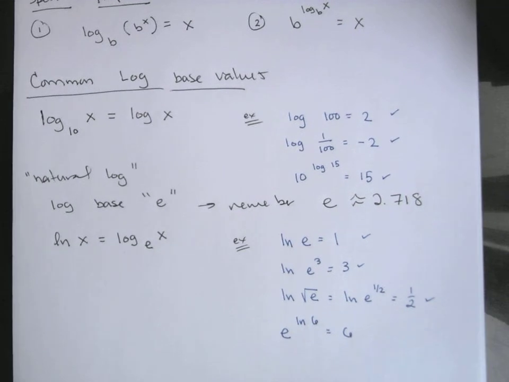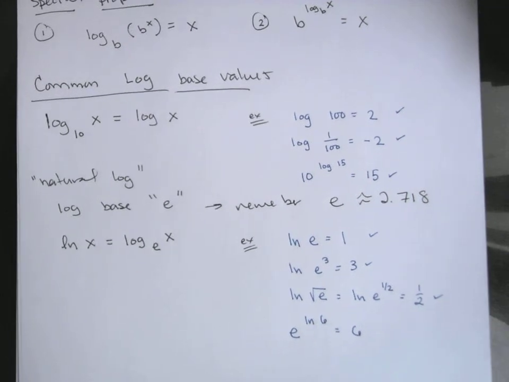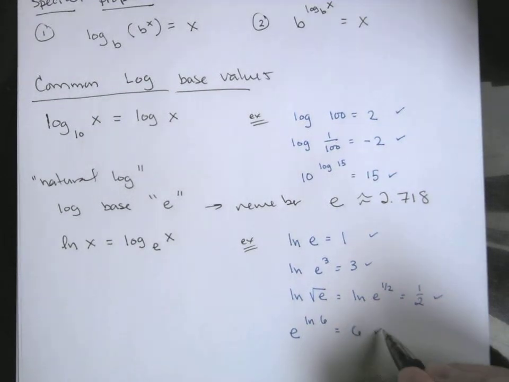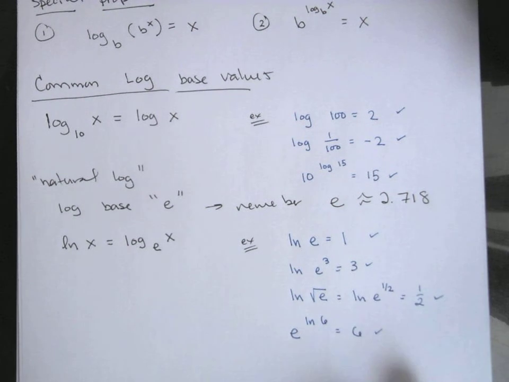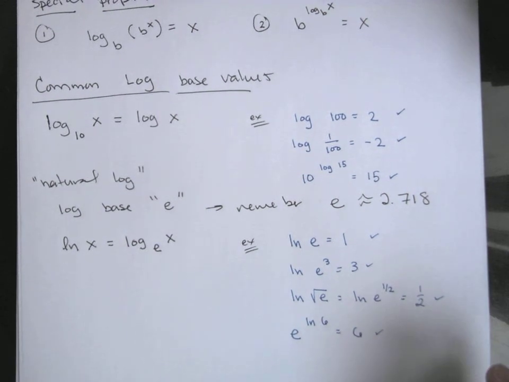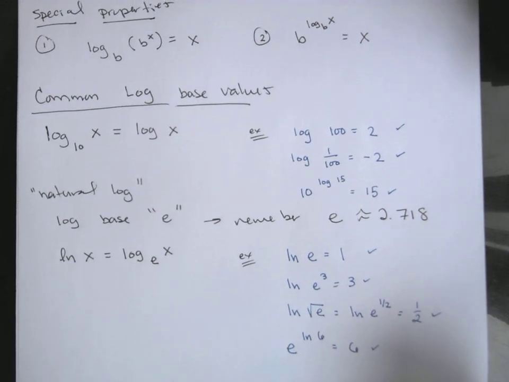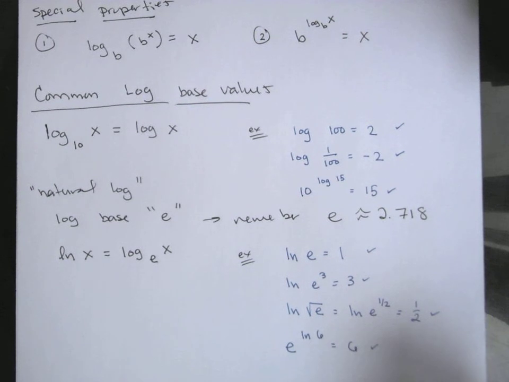In theory, it's whatever number it would take to get us from 10 to 15. That log would be it. You could use a calculator to get the decimal version, but if we end up with this setup, we're just going to be content to say they cancel each other out. It's this nice inverse property, and we're just going to end up right at 15. So that's a couple special inverse properties and what they would look like on our common logarithms.